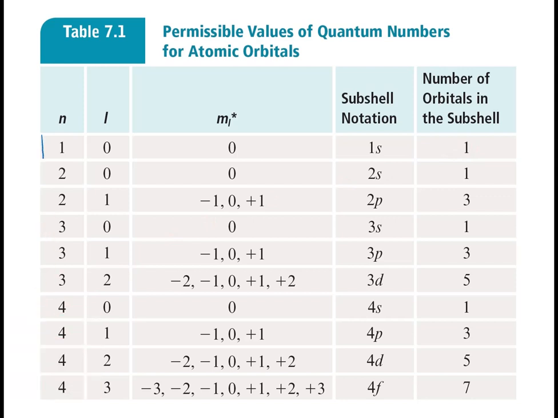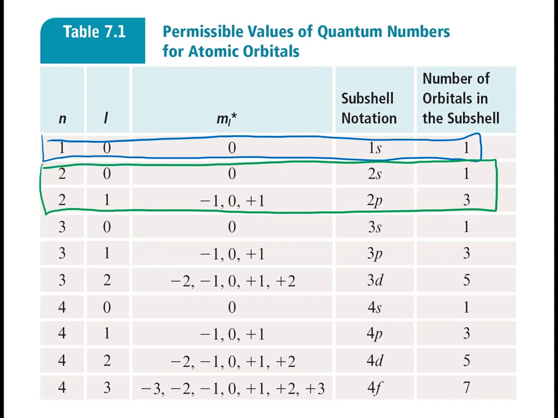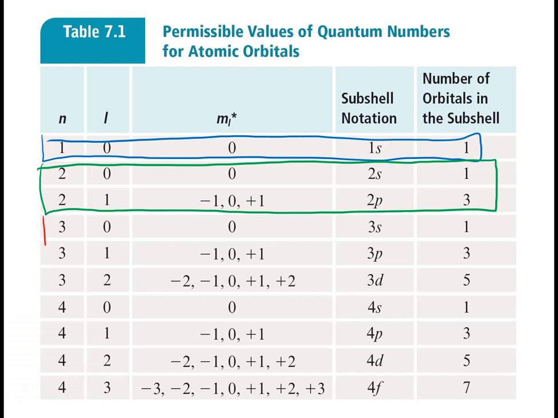This would be when n is equal to 1. There's only one possible orientation. When n is equal to 2, there's 2 possible ones. And when I go to n equal 3, there's 3 possibilities.